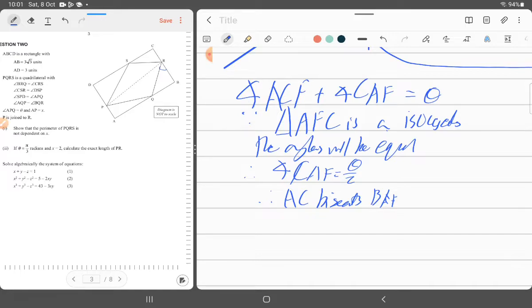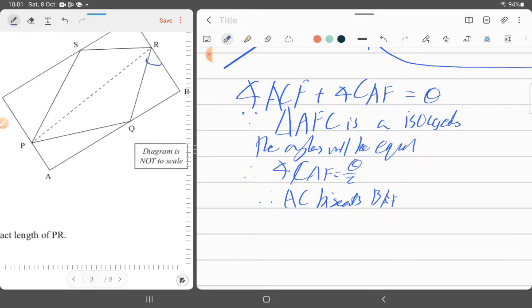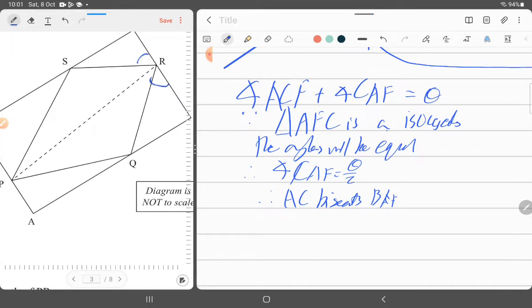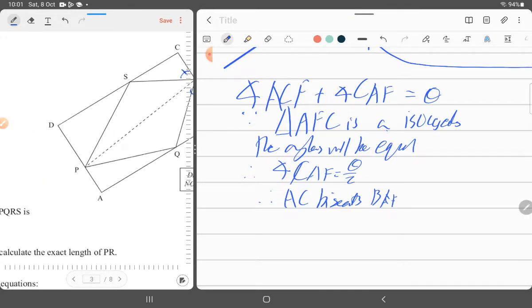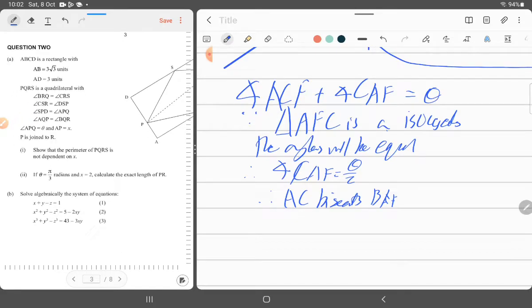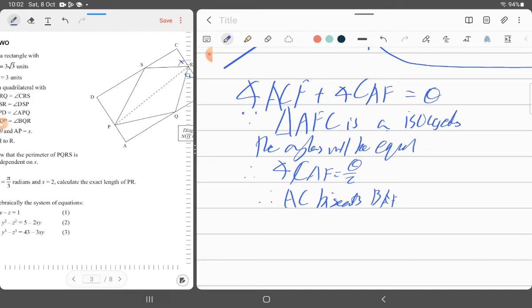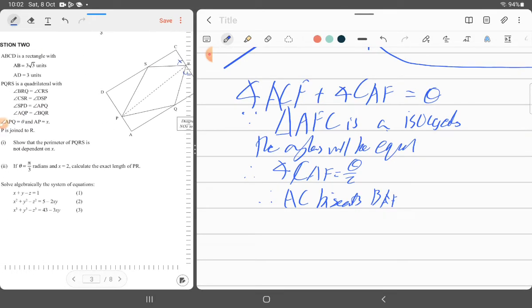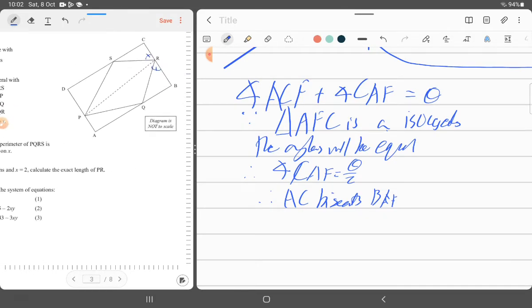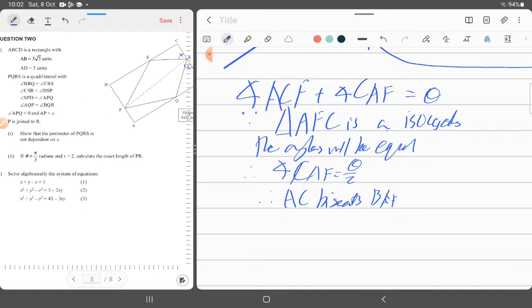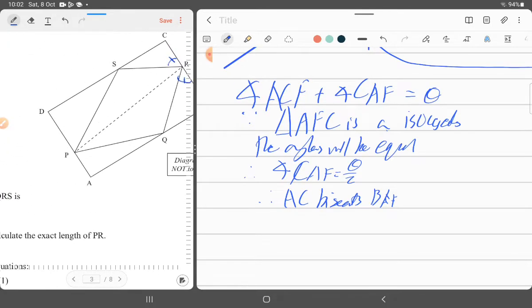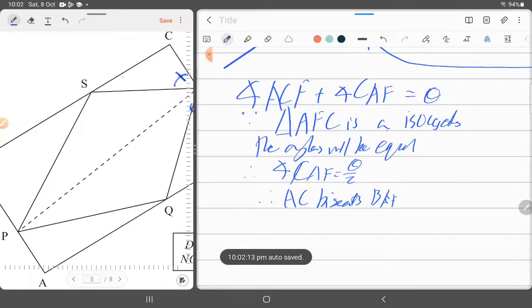And BRQ is equal to C. Oh no, this is equal to this. C is equal to DSP. Okay, C is PD is equal to APQ. Okay, so these two are equal.